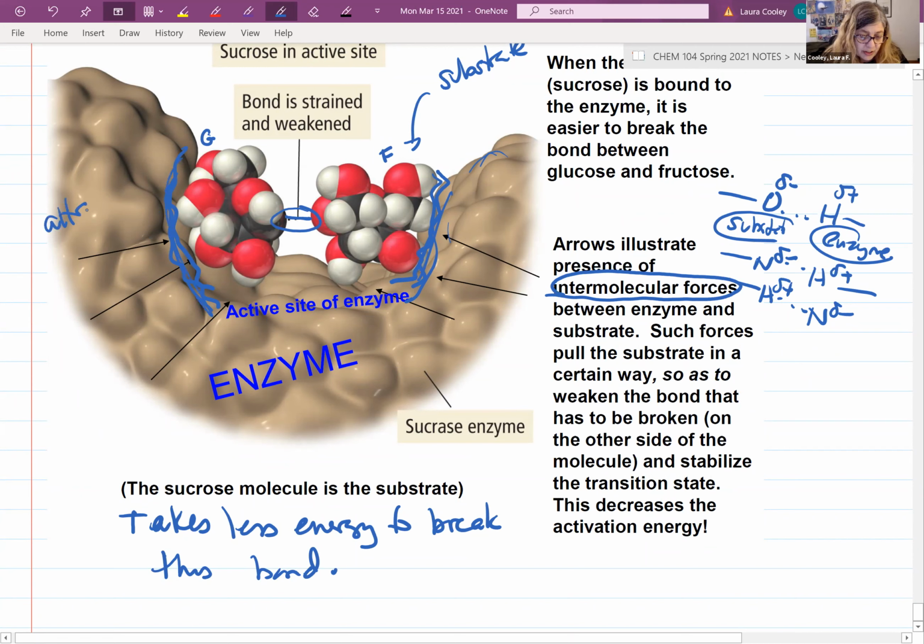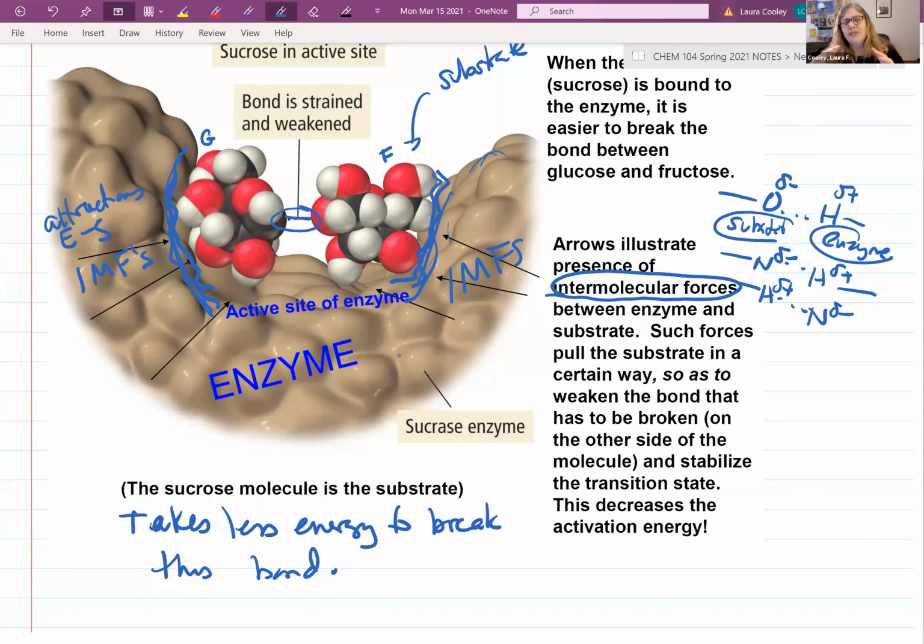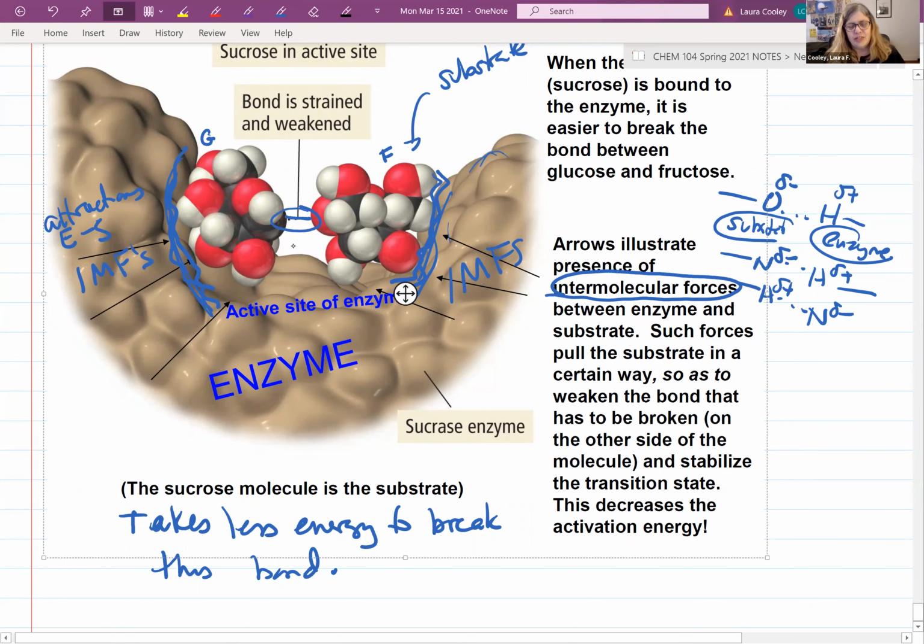These are all attractions between the enzyme and the substrate, and these are intermolecular forces. So those intermolecular forces, in the sense, are providing the release of energy from those attractions, weaken this bond and make this whole thing easier to break.